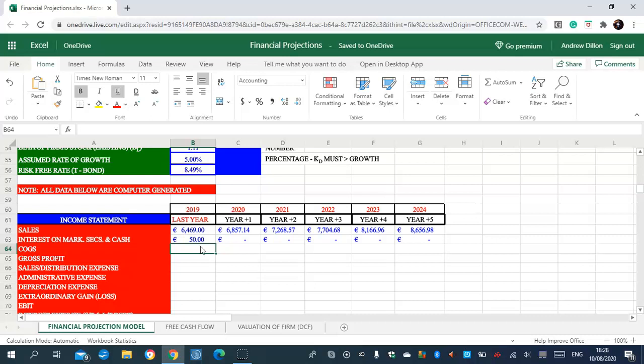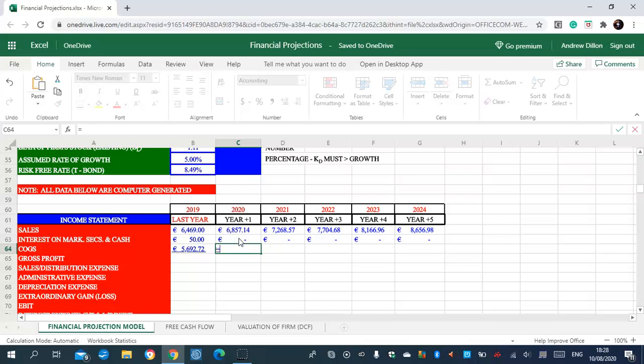COGS. First one is equal to $ sign B6 star B62. Next one is different.